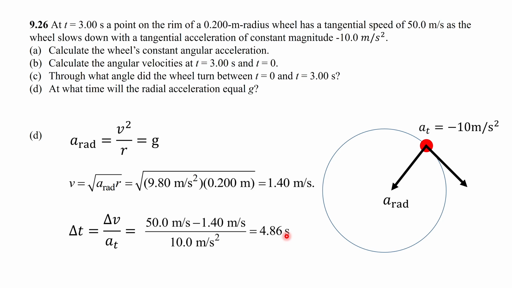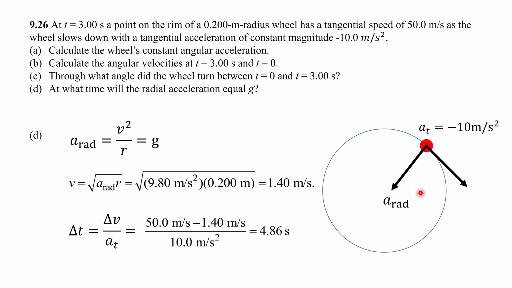Okay, so in this case, we have to make sure we can distinguish these two different kinds of acceleration. We have two different accelerations. One is pointed to the center of the circle. This is the radial acceleration, and we also call this centripetal acceleration.